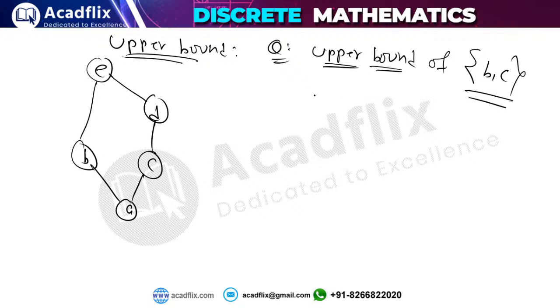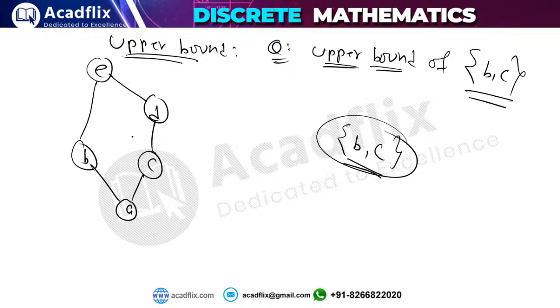We have some set, and for this set we need to find the upper bound. The upper bound will be the set of those elements to which B is also related and C is also related. Upper bound means you go upward, on the upper side.